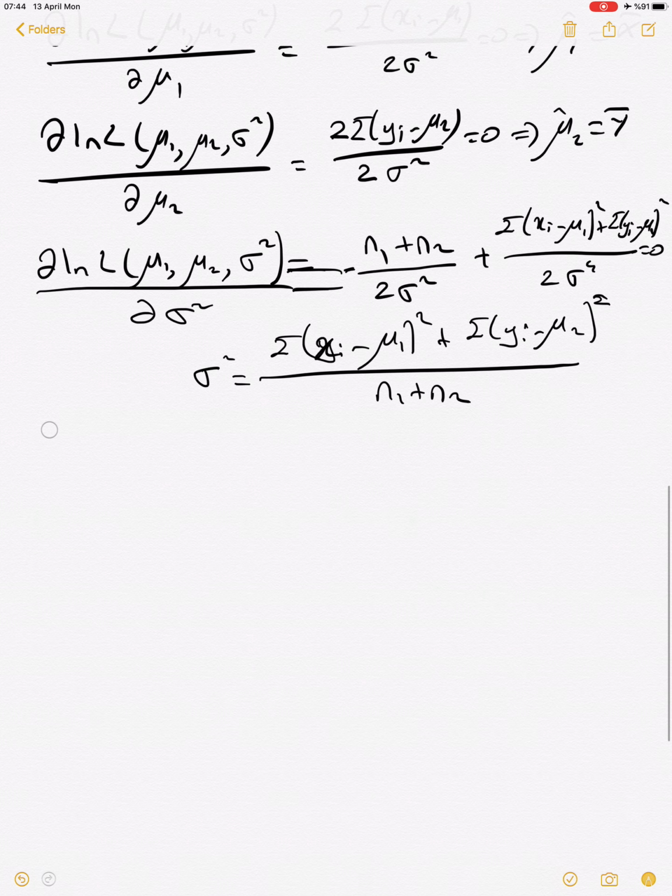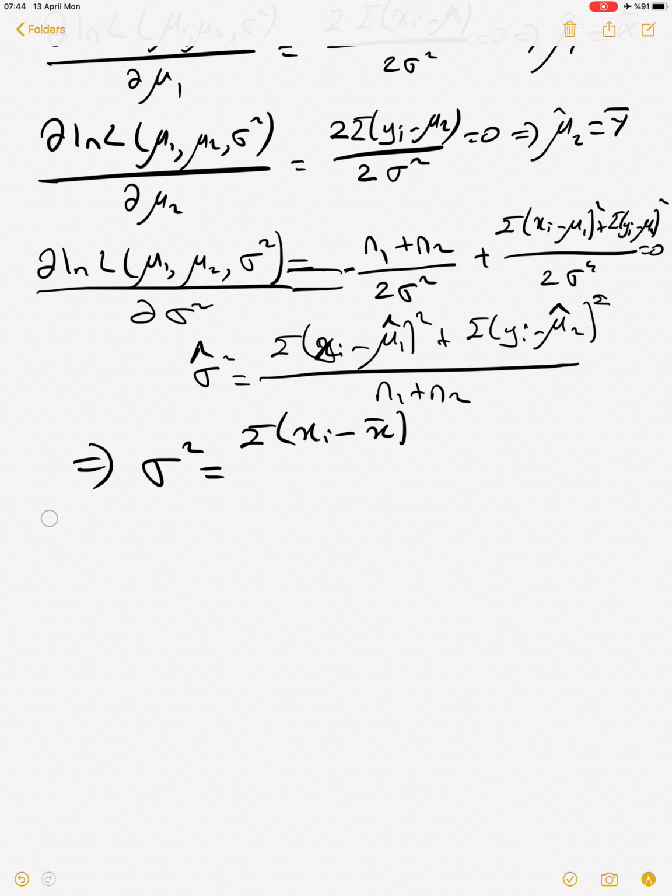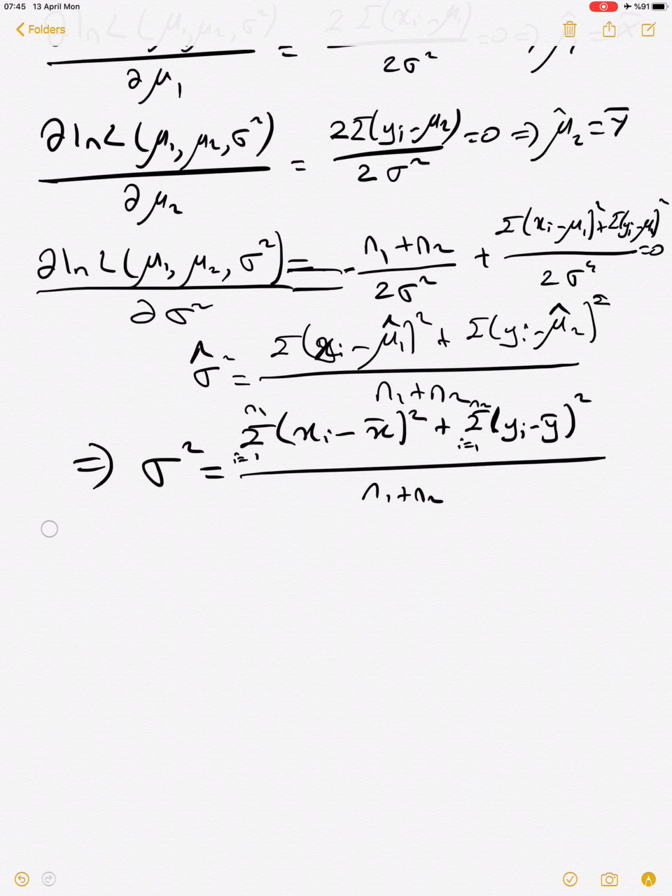After replacing the hats, we will have sigma square equals summation xi minus x bar whole square plus summation yi minus y bar whole square, where i is from 1 to n1 in the first sum and from 1 to n2 in the second, over n1 plus n2.